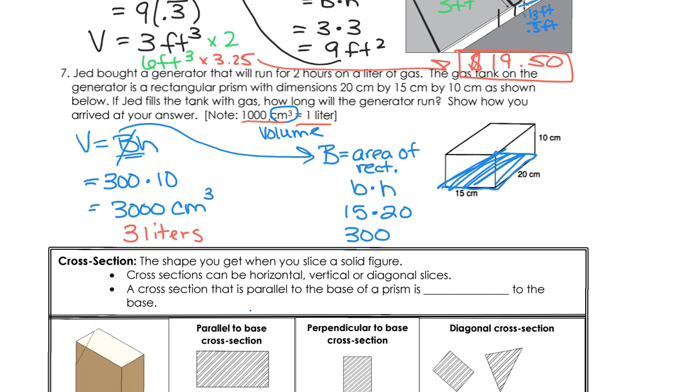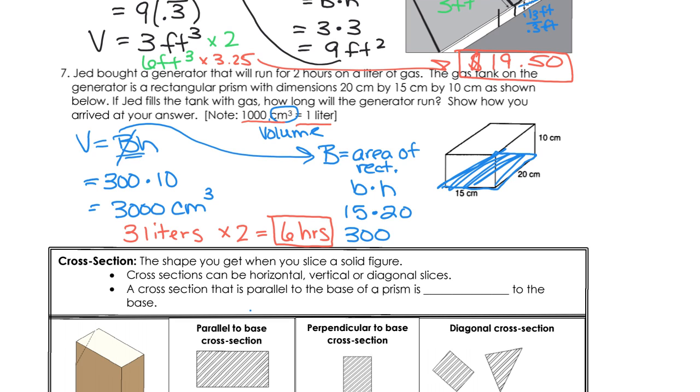And it said that Jed bought a generator that will run for 2 hours on a liter of gas. So since we have 3 liters, 2 hours each, we can run our generator for 6 hours. And that is the answer to our question. It says if Jed fills the tank with gas, how long will the generator run? So we are going to say 6 hours.